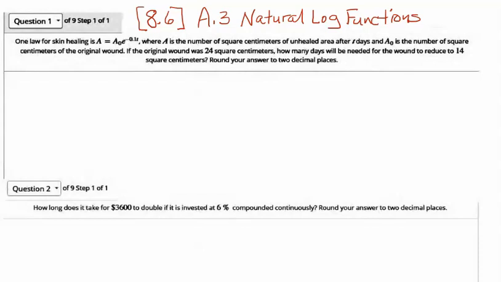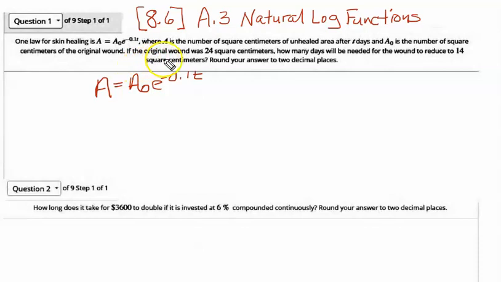Now in this classroom practice session, this is going to be very useful for doing the certify as well, all of these. So one law for skin healing is this formula: A equals A sub O times Euler's e to the negative 0.1 t.